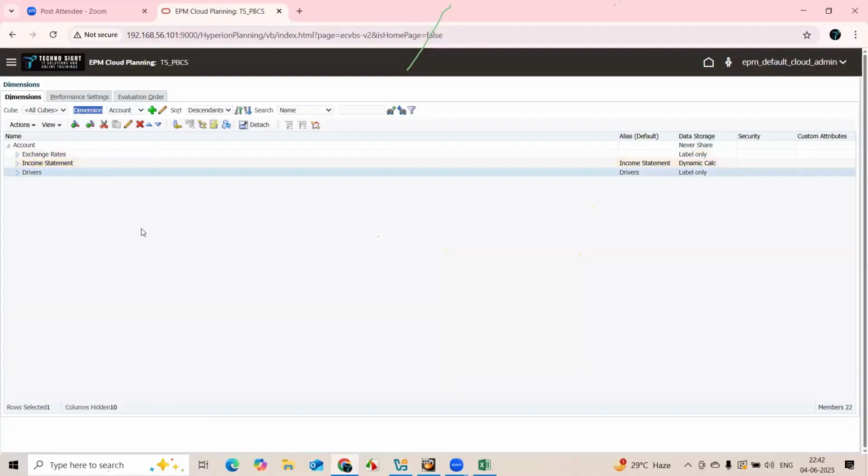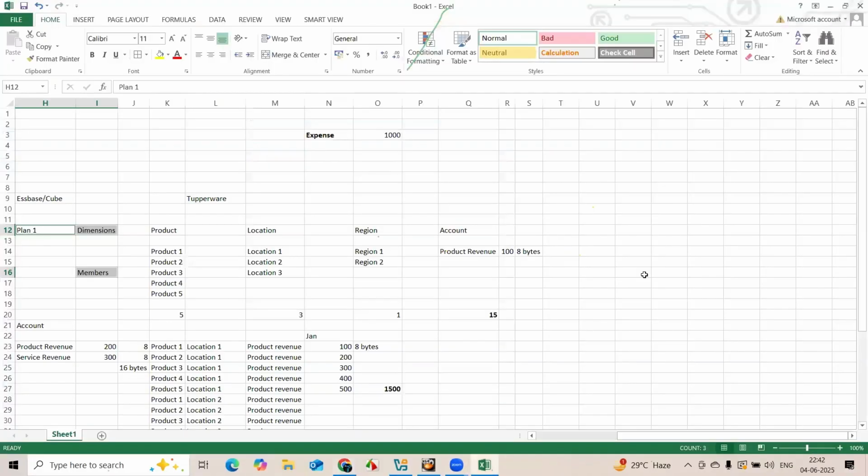For the people who are not familiar with the term hierarchy, I'm going to explain. For example, let us consider the Tupperware company. It has many accounts, right? It is earning revenue by selling products, and on the other hand, they are also selling raw materials, for example, plastics. So raw materials revenue.